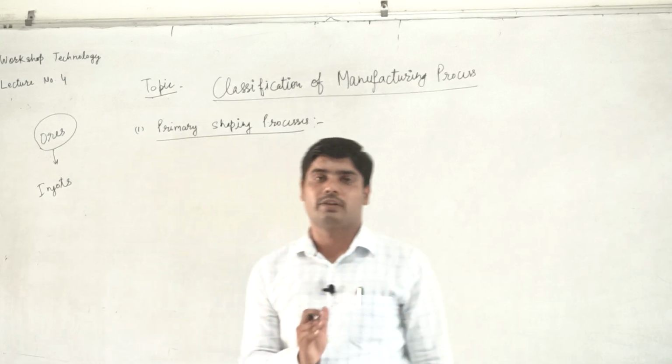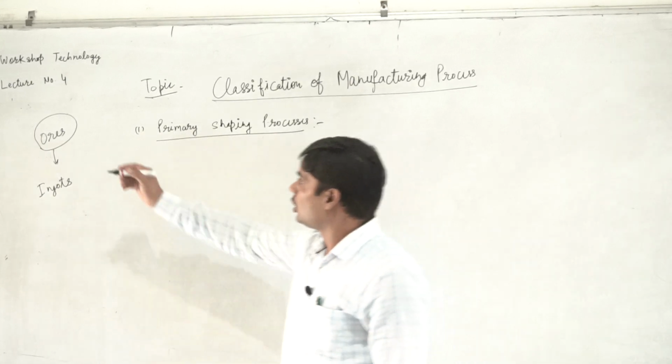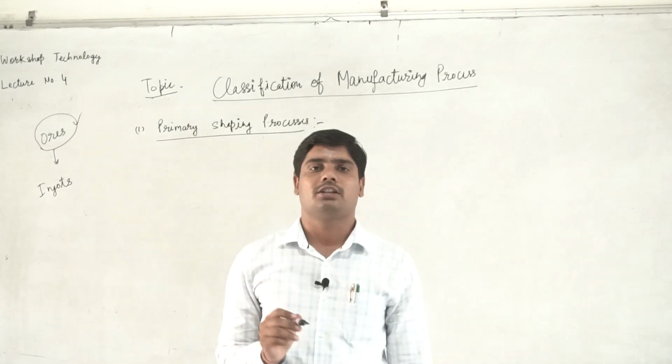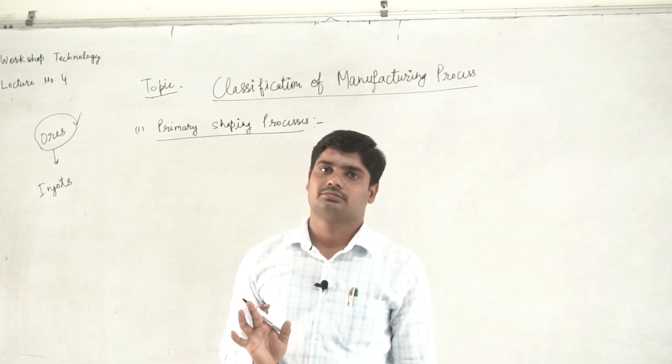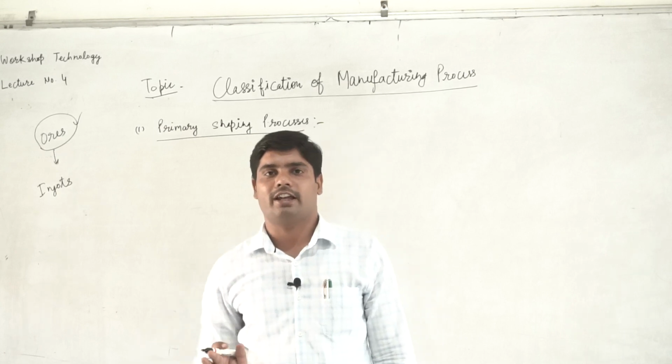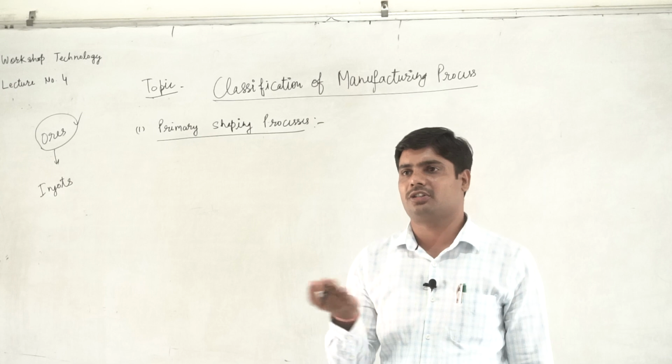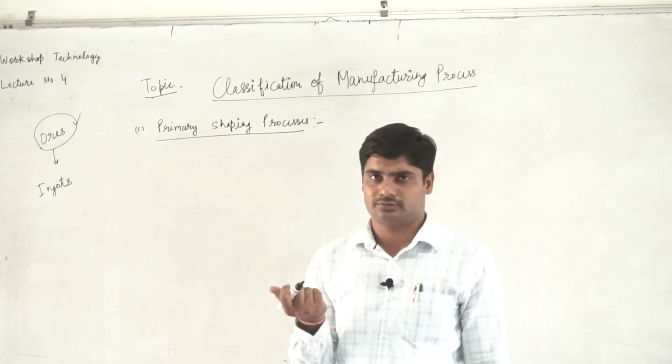What is the difference between ore and ingot? Ore is found naturally in the earth crust, but it doesn't have a specific shape. It is of irregular shapes like stones.